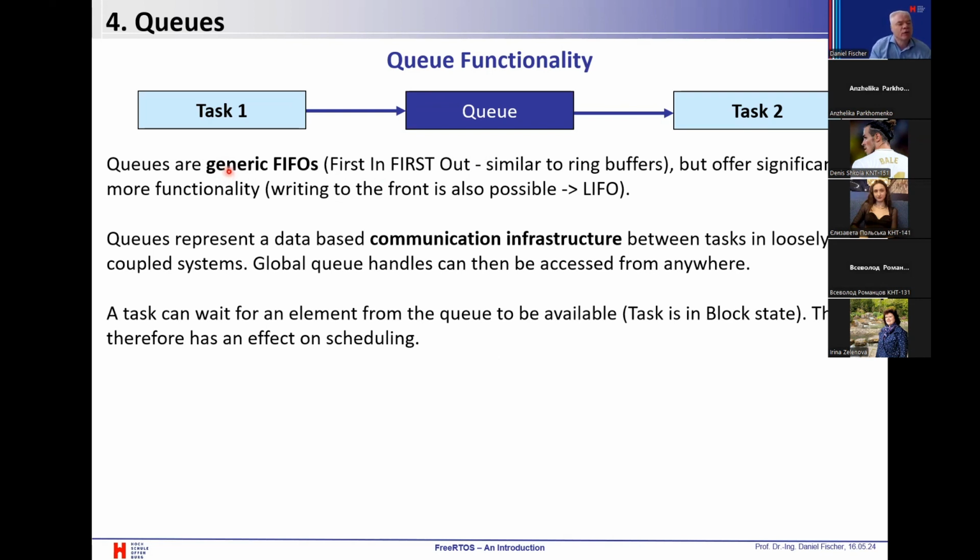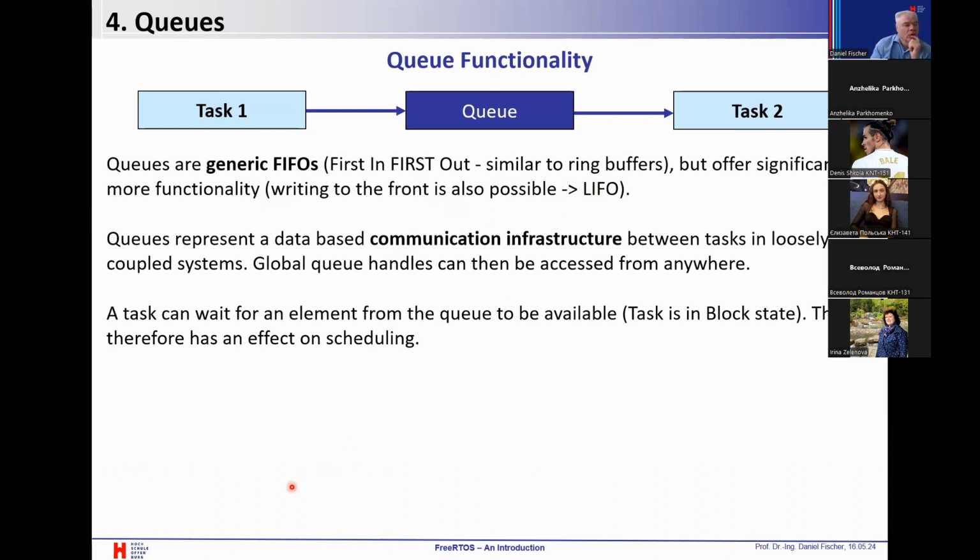And they offer a lot of functionalities. Details you can find on the website of FreeRTOS. There is a huge functionality available. For example, you can also write at the front of the queue, then the FIFO becomes a LIFO, and they are used for communication.